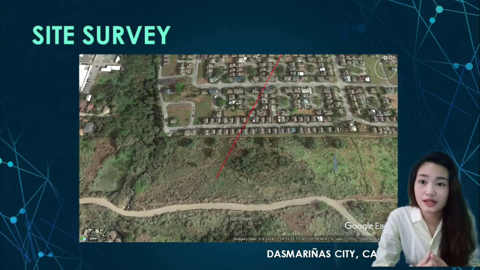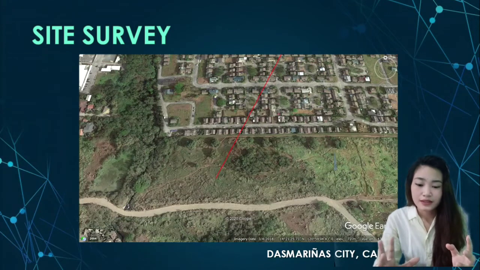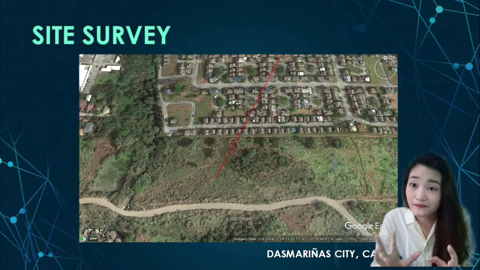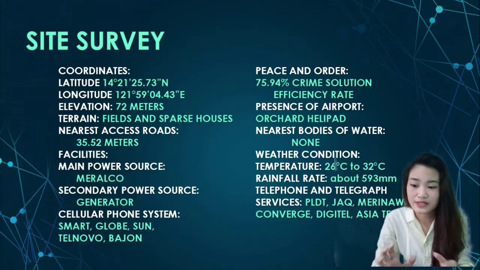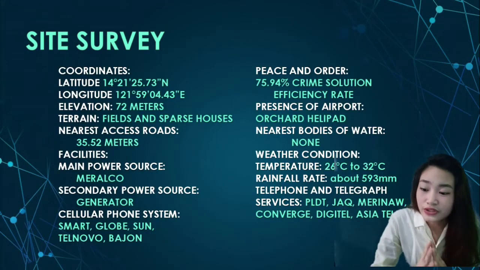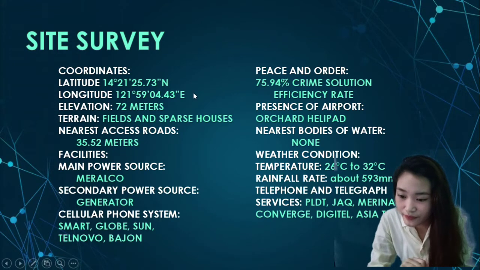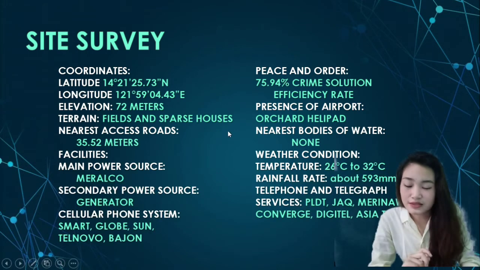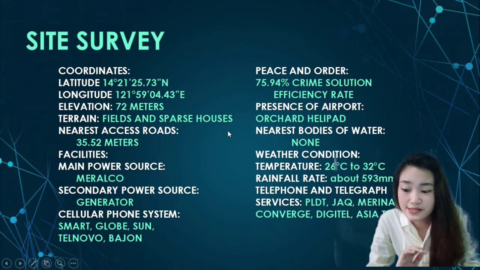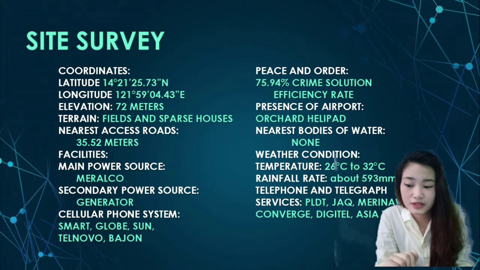And this is the place where I will put my receiver, in Dasmariñas City, Cavite. As you can see, I will place it there. The coordinates: this is its latitude, longitude, elevation 72 meters, terrain fields and sparse houses, nearest access roads 35.52 meters.